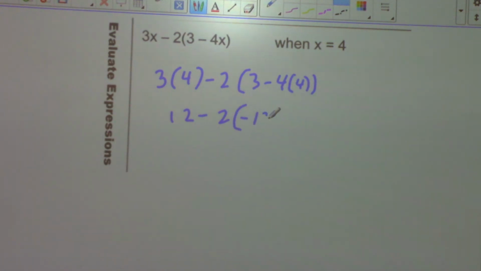Negative 13. So we have 12 plus 26, and that's going to be equal to 38, right? So 38, that's going to be our answer. All right?